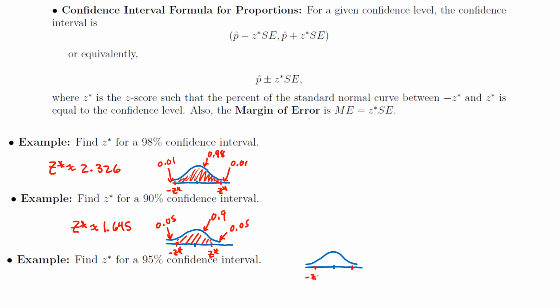So between negative z star and z star, we want 95% here. So that means we have 5% left. So that 5% has got to split between both the top and the bottom. So that leaves us with 0.025 on the left and 0.025 on the right as well.